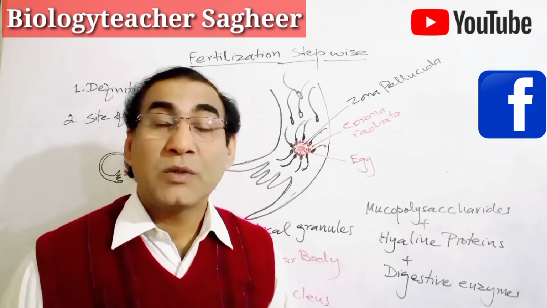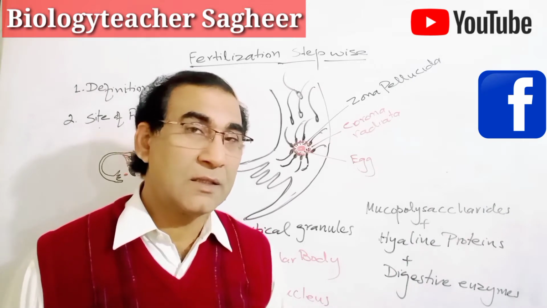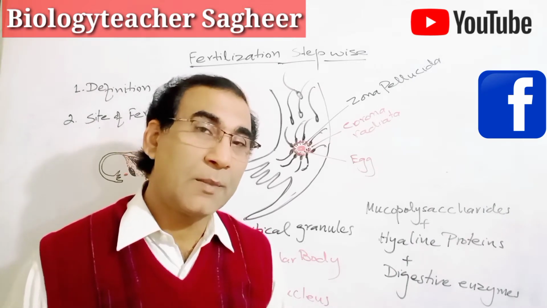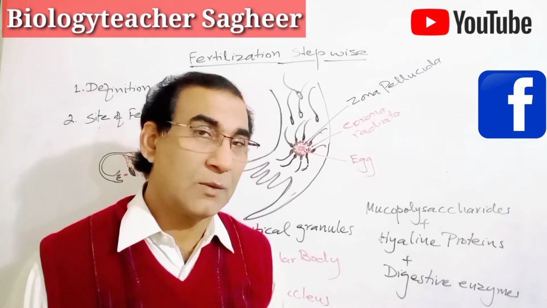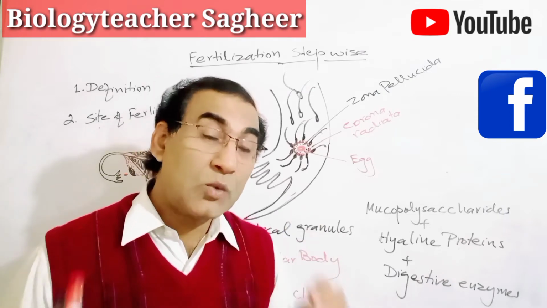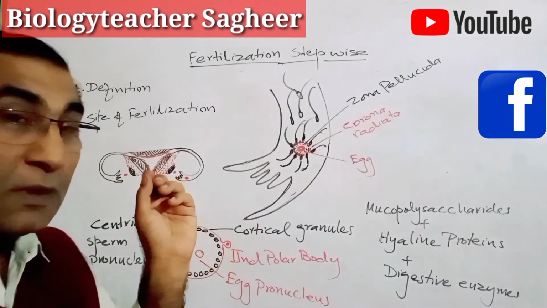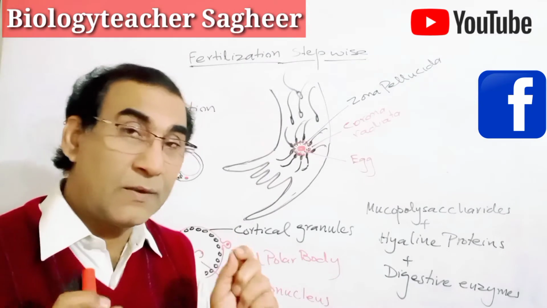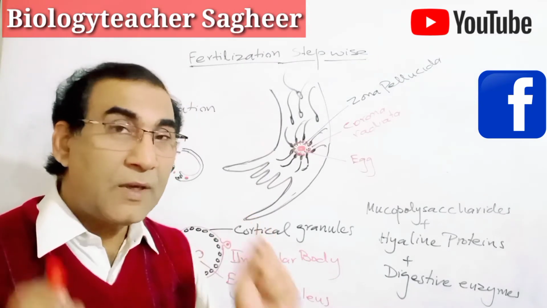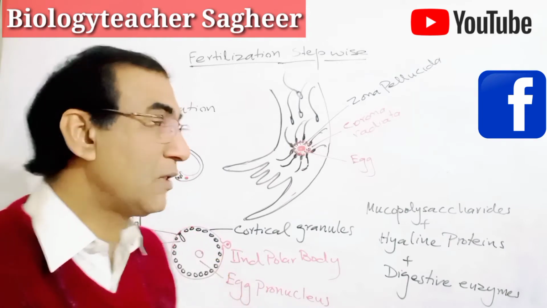Usually in the lower grades, students say that the combination of the sperm and the ovum is known as fertilization. It is not actually fertilization. In true sense, the fusion of the male and female pronuclei is the fertilization process.